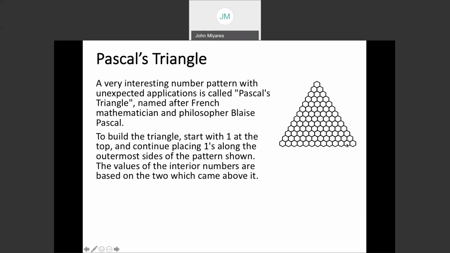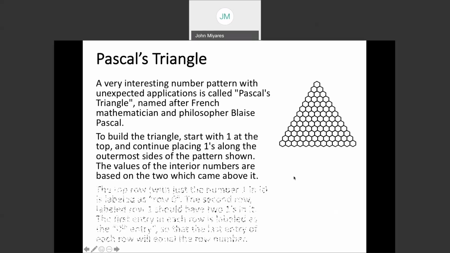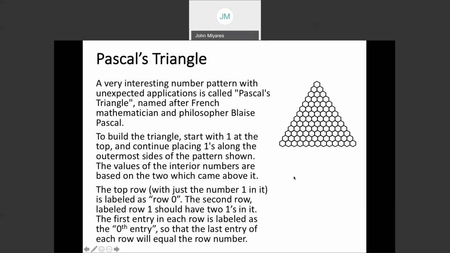The values of the interior numbers are based on the 2 which came above it. The top row, with just the number 1 in it, is labeled as row 0. The second row, labeled row 1, should have 2 1s in it. The first entry in each row is actually going to be labeled the 0th entry.